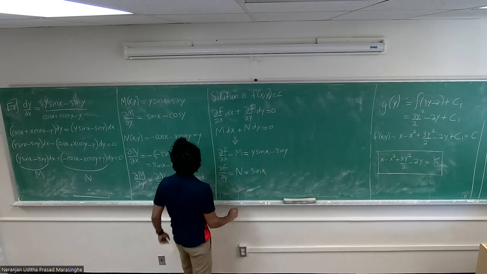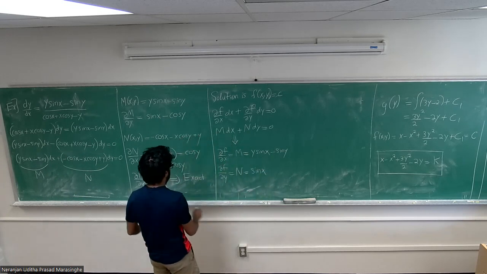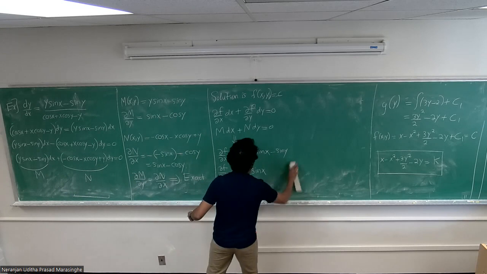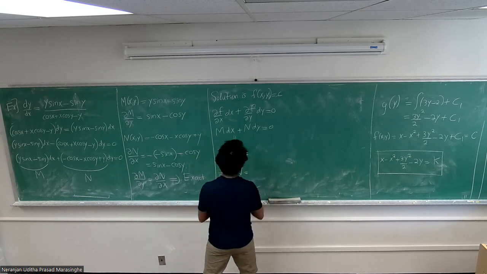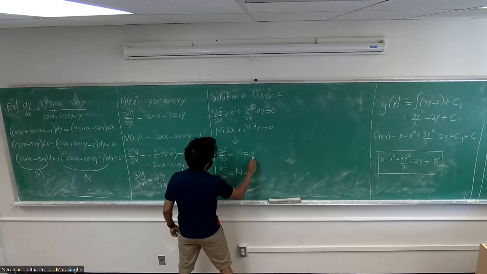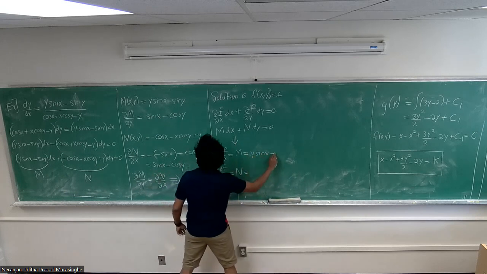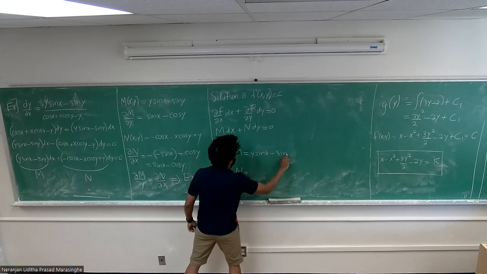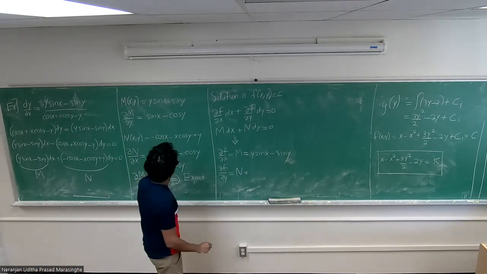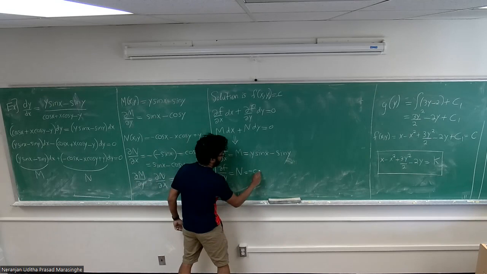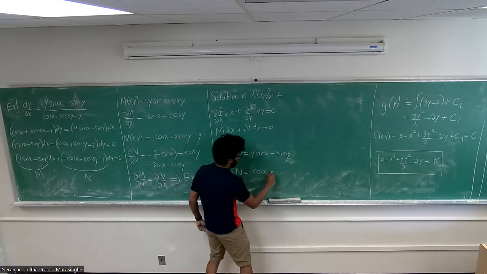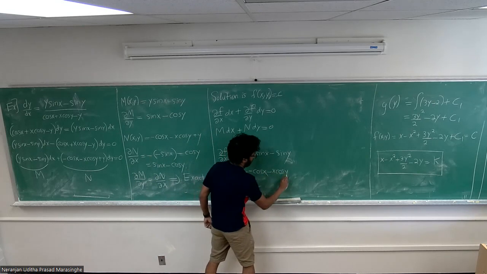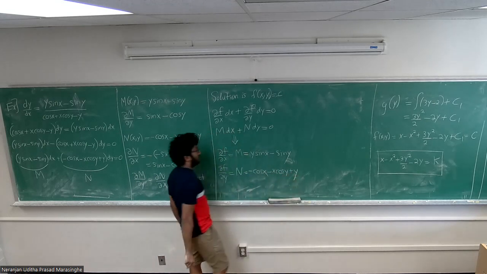Oh, I made a mistake. M is correct, but N is incorrect. M is y times sine x minus sine y. What is N? Negative cosine x, negative x times cosine y, plus 1.